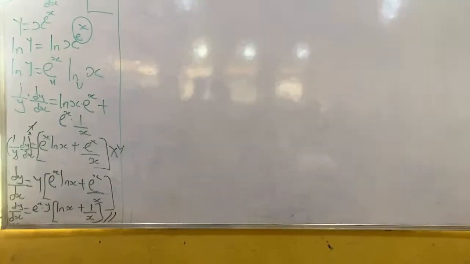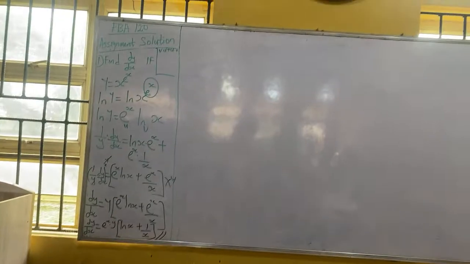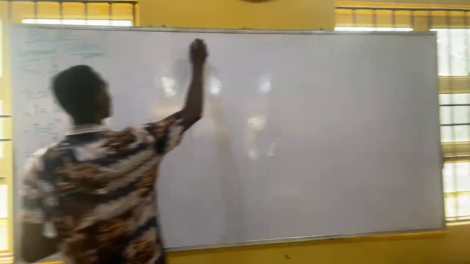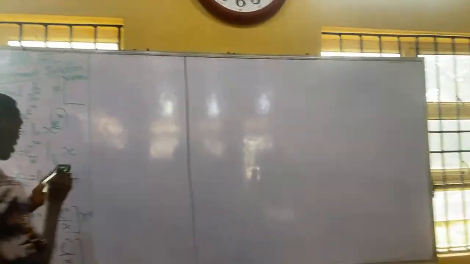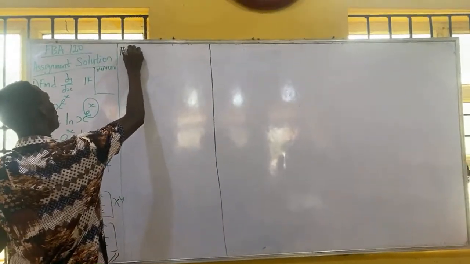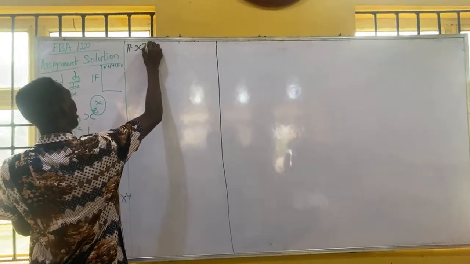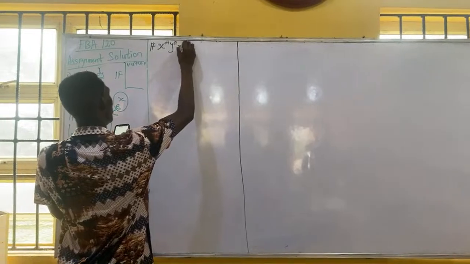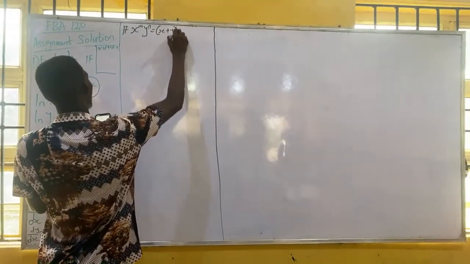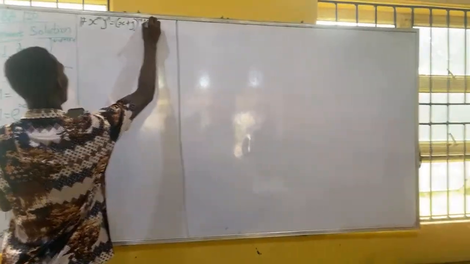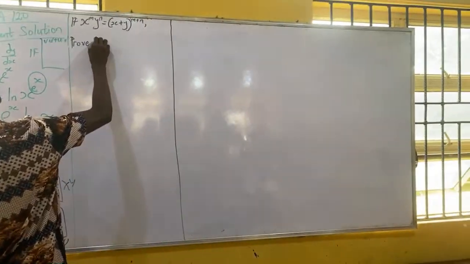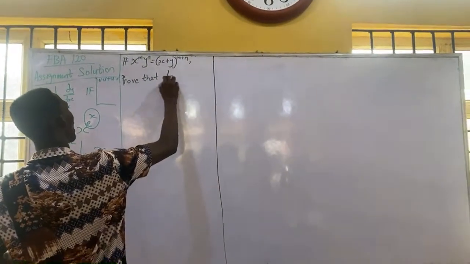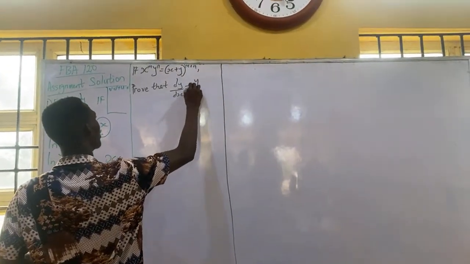So now, for question 2. The question 2 here states that if x to the power of m and y to the power of n is equal to x plus y to the power of m plus n, prove that dy over dx is equal to y over x.